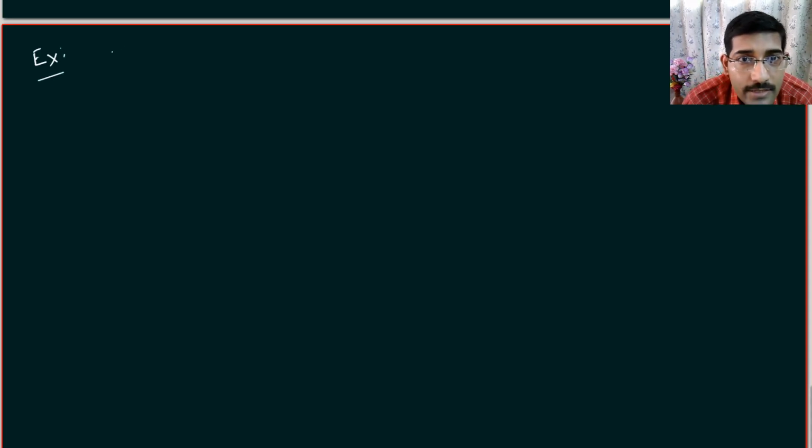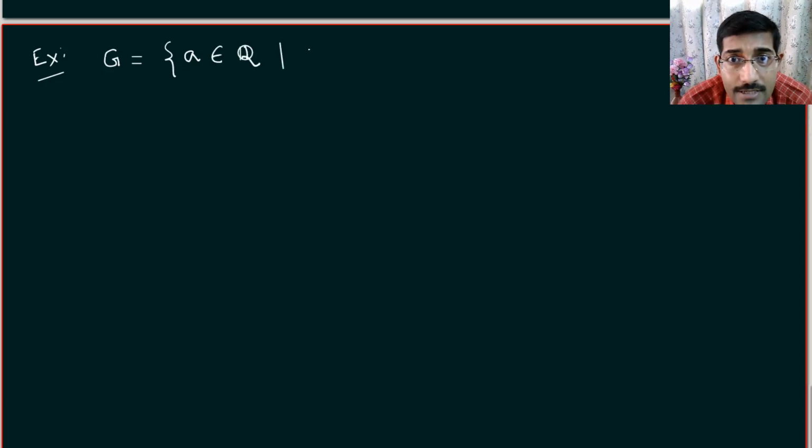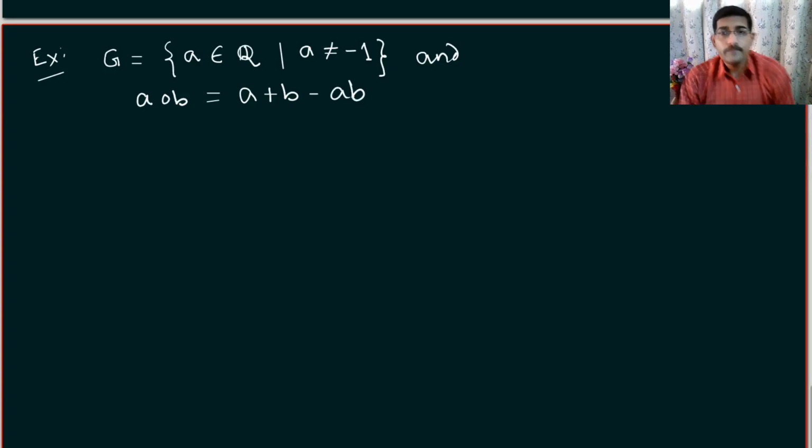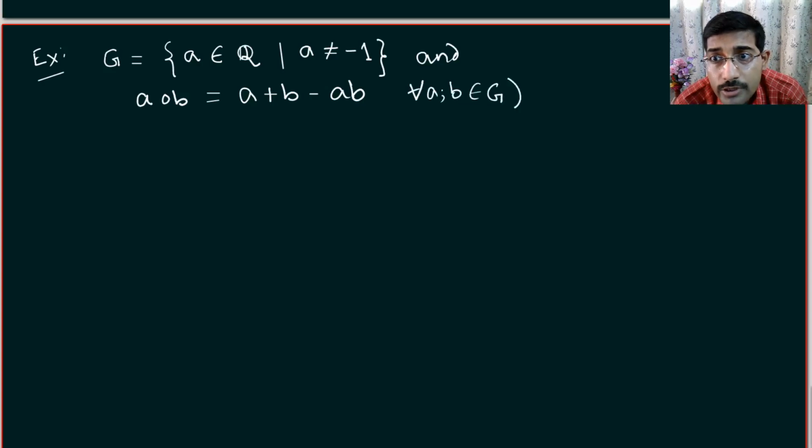Let's say the group that I want to declare is over the set of elements that belong to Q, the set of rationals, such that this is not equal to -1, and I declare the operation between two elements as A added with B subtract A into B, for all A, B belonging to G. So this is my operation.